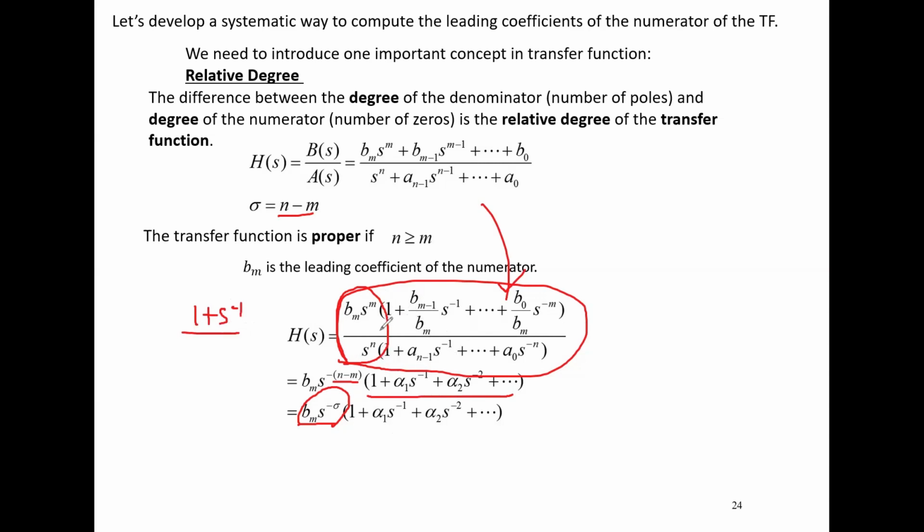Let's say this is the numerator and this is the denominator, here one, let's say just one minus. How do I change this expression into one polynomial with an infinite number of terms?